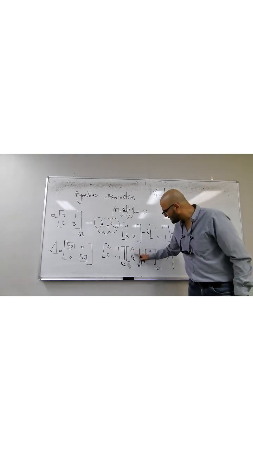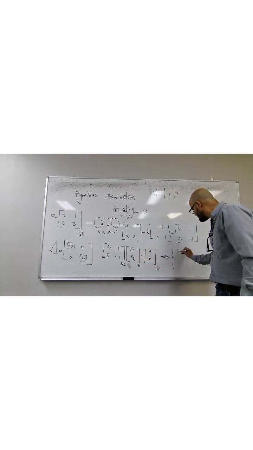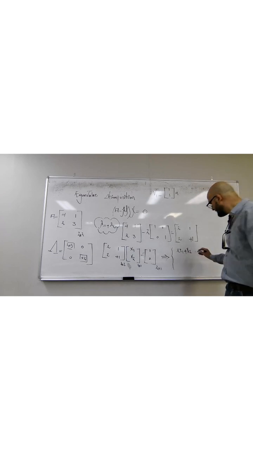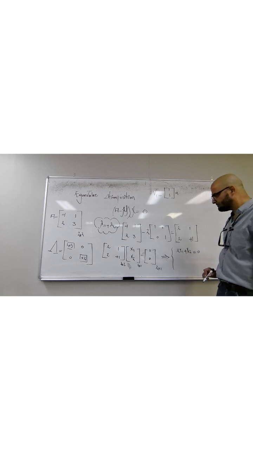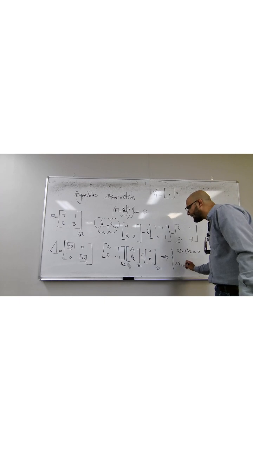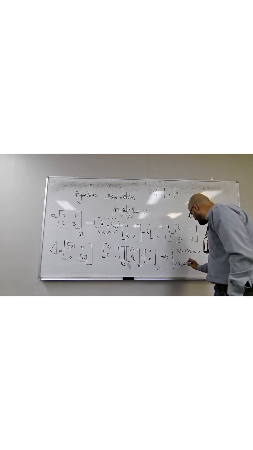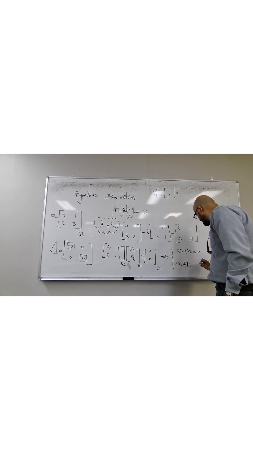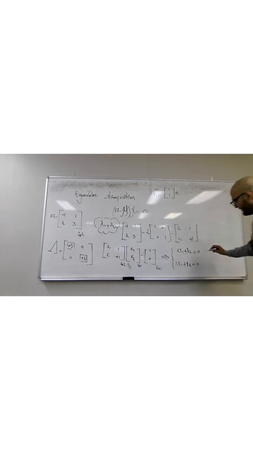Row 1 multiplied by column 1 becomes 2x1 plus x2 equals 0. The other one, 2x1, again, plus x2, gives me 0. These equations are the same.